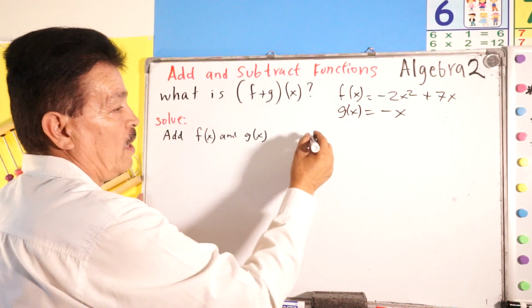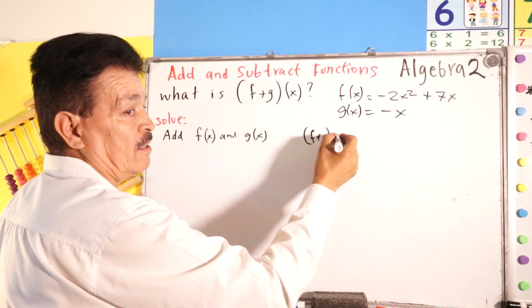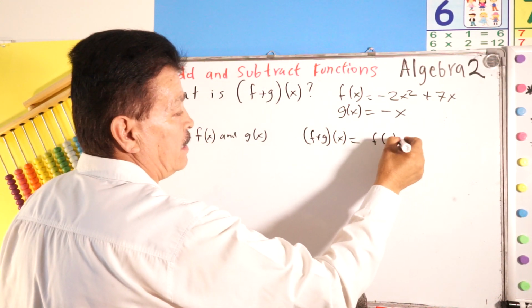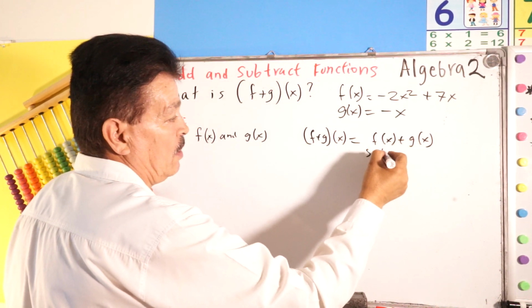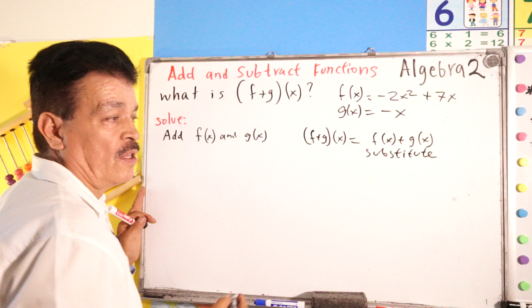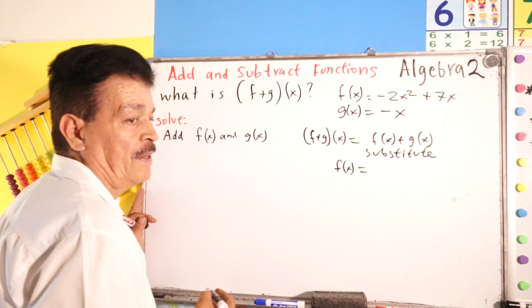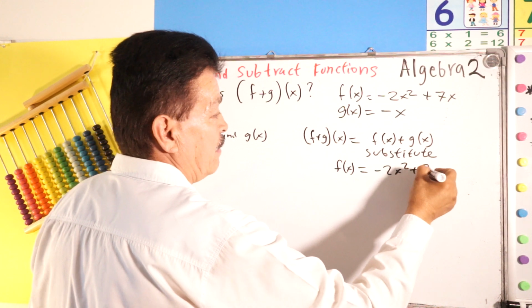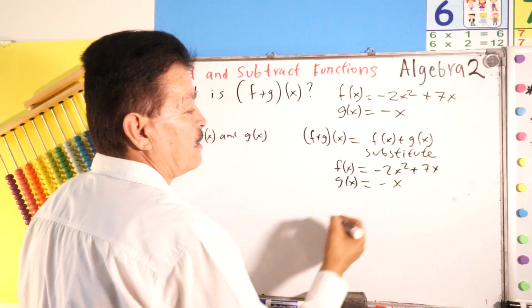So if you add it, we will have f plus g of x equals f of x plus g of x, all right? And then substitute. So we will have f of x is negative 2x to the second power plus 7x, and then g of x is equal to negative x.